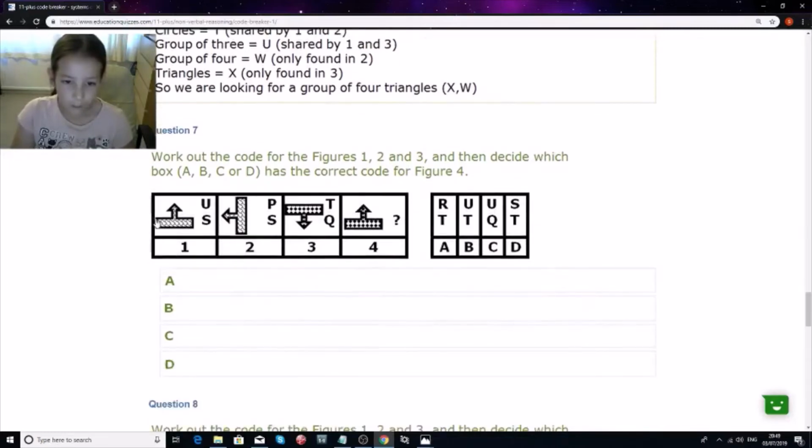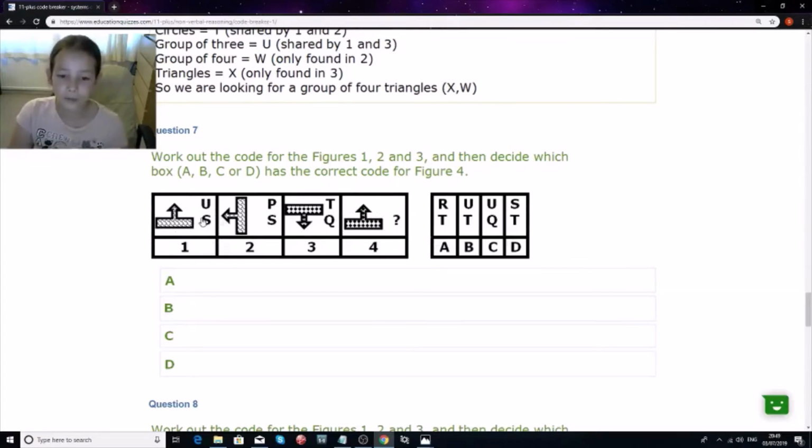Well, the first letters are all different because they are all pointing different ways. However, 1 and 4 are pointing the same way, so U must be the first letter.